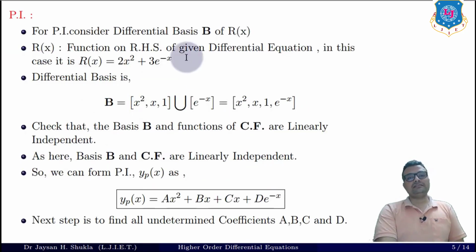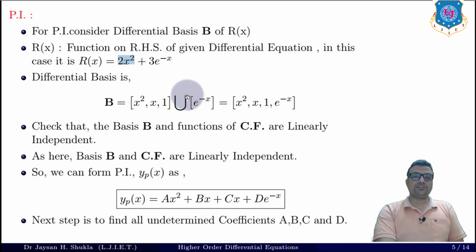Now coming to the main discussion, how to find the particular integral using the method of undetermined coefficients. For that we need to consider the differential basis of Rx. Now here Rx is 2x square plus 3e raised to minus x. So listen very carefully. First of all, I am taking the basis of this part, 2x square.